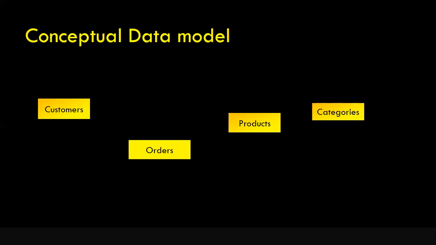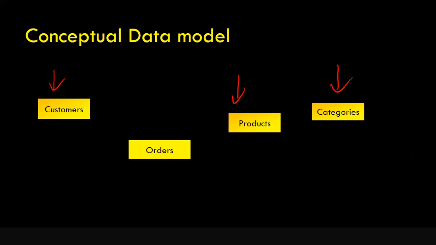In the business, what entities do they really need? To capture all the customers' information, they need a separate table called customers. To capture all the products that they sell in their retail chain or retail store, you need to capture all the products here. Similarly, make sure you know which products belong to which categories.